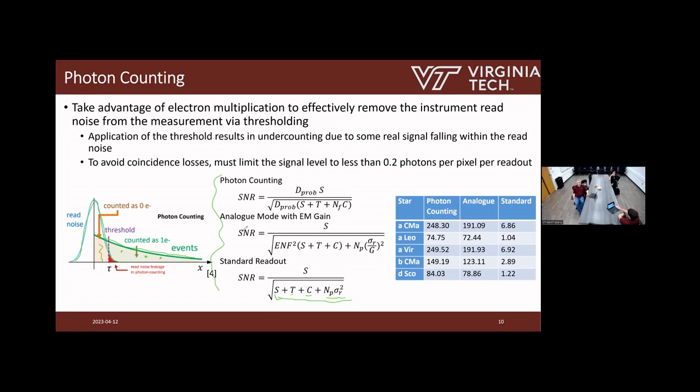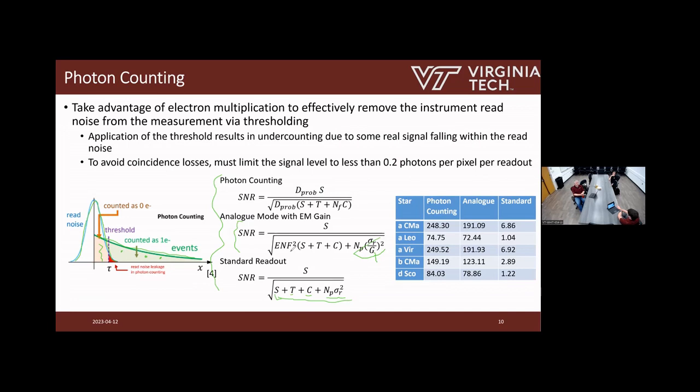Now, for our application, we don't have the opportunity to build up all that signal. So something we can consider is analog mode. What this does is allow us to simply apply that gain and mitigate the impact of the read noise. When we have a large mean gain, that divides out the read noise, and this value becomes very small.